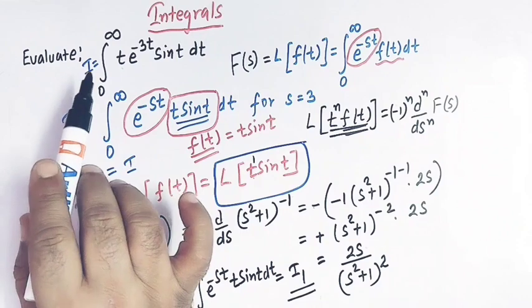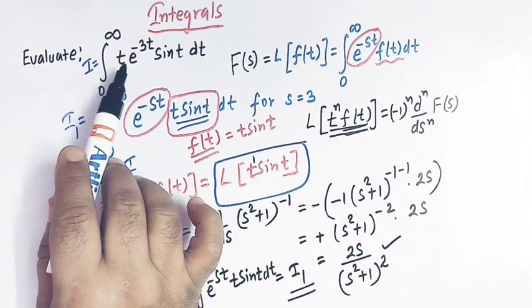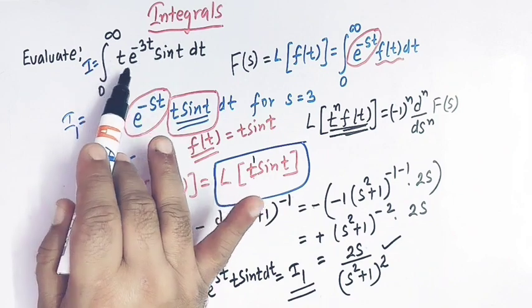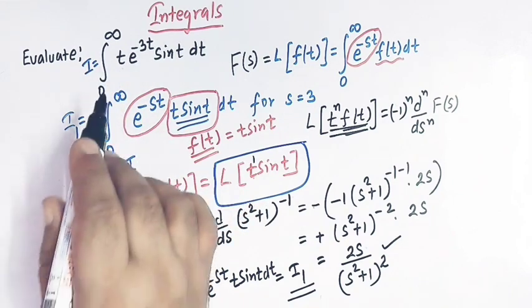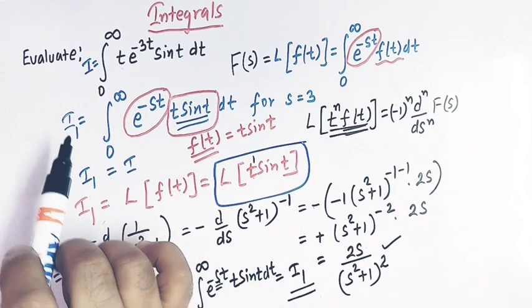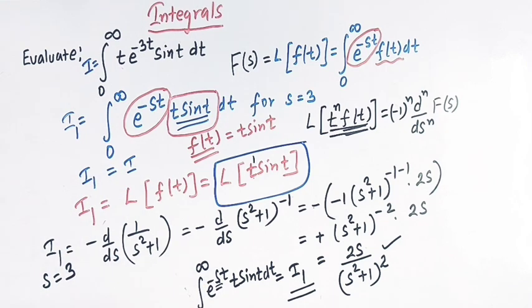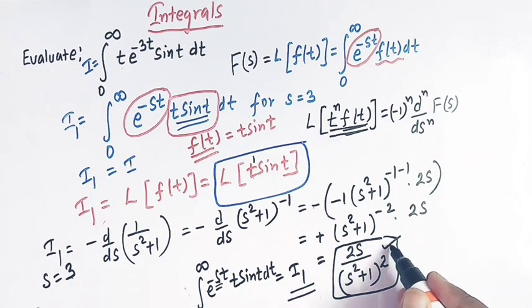Okay, so now with the help of this result we can easily find the value of our original integral by taking s is equal to 3, right? So if we take s is equal to 3 in this integral, then I1 becomes equal to I. So the value of I can be obtained by taking s is equal to 3 in this expression, right?